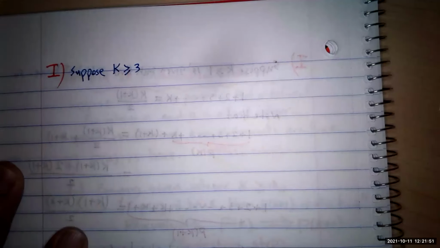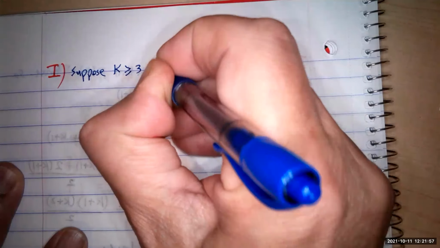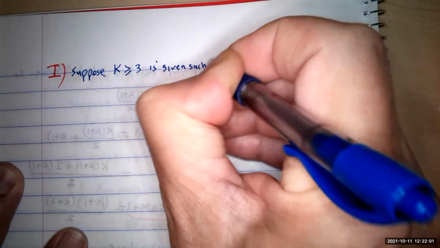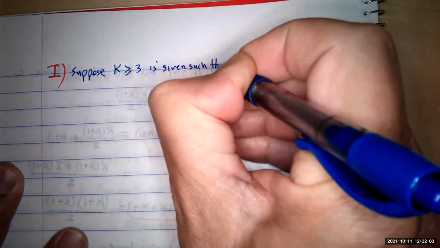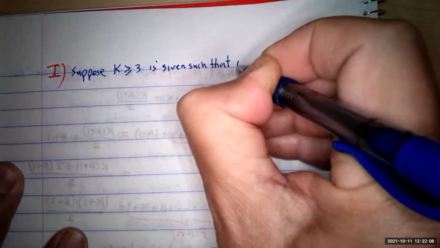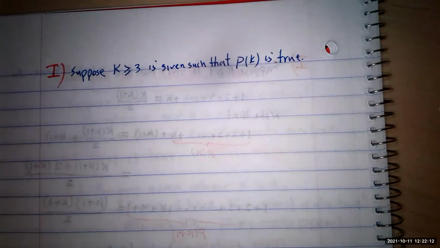Suppose that k bigger than or equal to 3 is given, such that Pk is true. You have to assume that this is true so that you have something to work on, if you like. Now write your Pk plus 1.